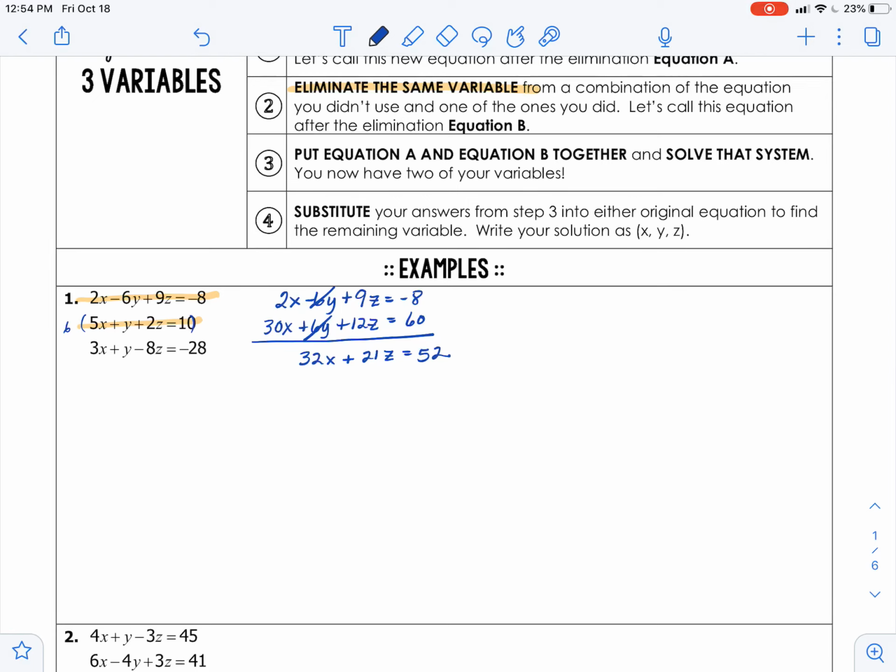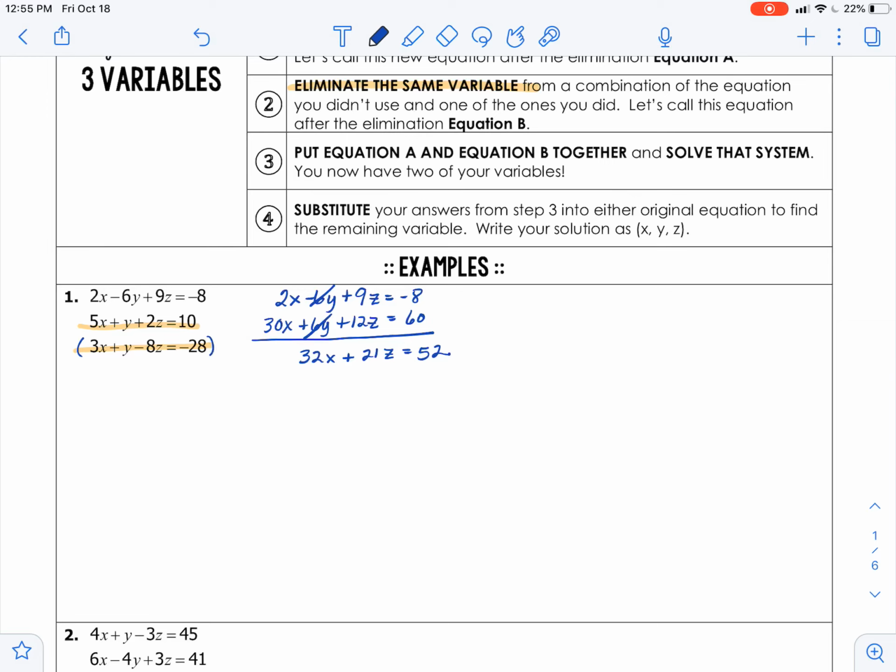Your next step is that I am now going to come back over here and pick 2 different equations. I cannot pick the same equation, 2 different ones. And I am going to eliminate the same variable. I am going to choose these 2, because my y's are both 1. My process is that I'm going to multiply this second equation just by a -1.